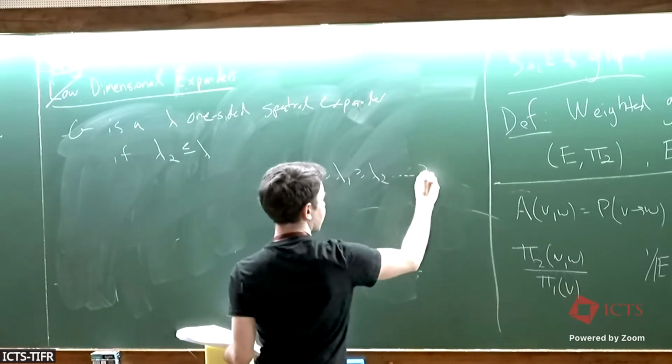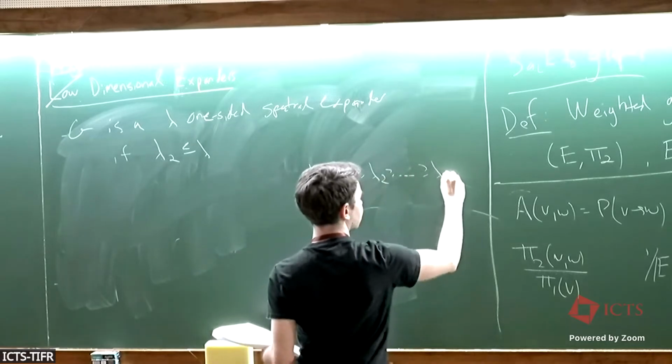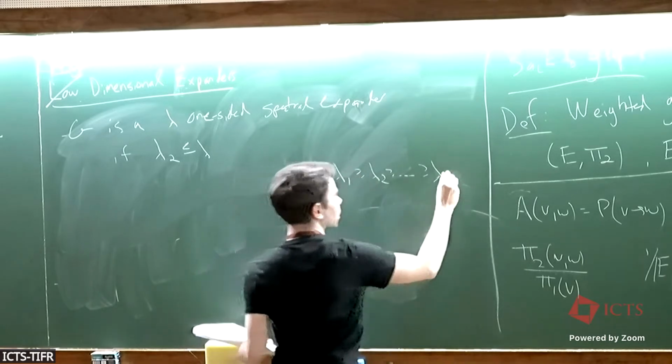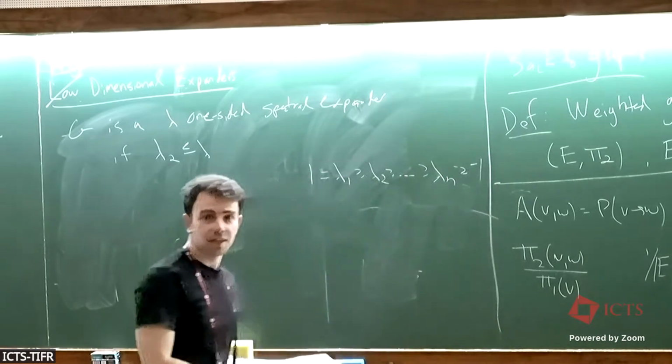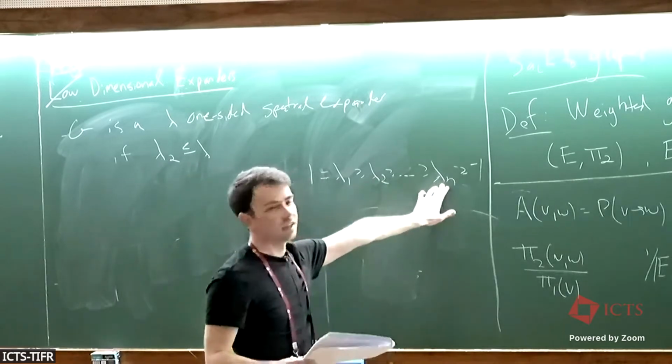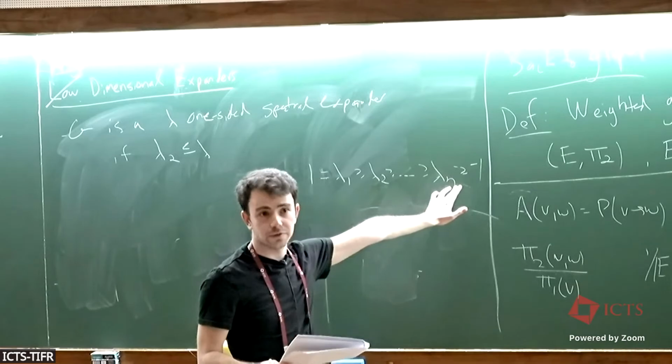Just like last time, these are still n eigenvalues, between -1 and 1, and our expansion will either be lambda 2 or, for the two-sided version, the maximum of lambda 2 and the absolute value of lambda n.